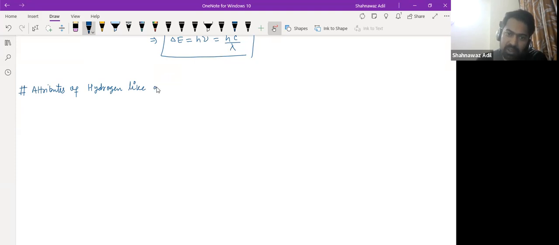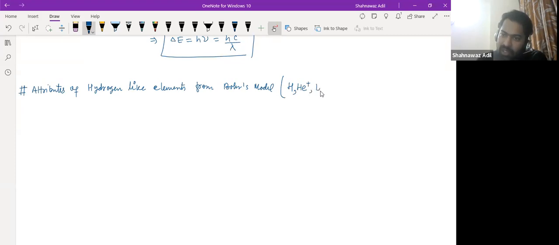Hydrogen-like elements from Bohr's model. So what are hydrogen-like elements? One is hydrogen, obviously. The other one is helium, where we take out one electron.